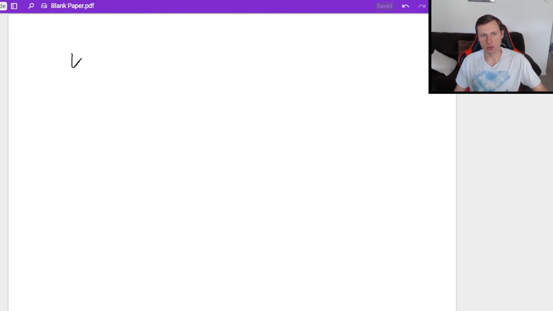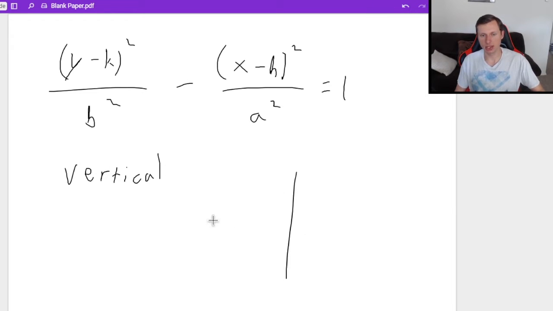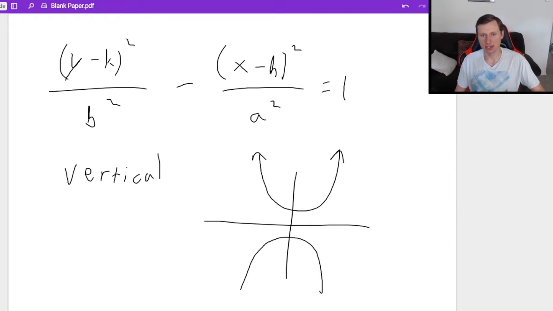So in other words, it's (y minus k) squared over b squared minus (x minus h) squared over a squared equals 1. So you see we just made the y positive and the x negative. That's all it is. And so then that's the vertical hyperbola, and what that's going to look like is the exact opposite. It opens upwards and downwards.